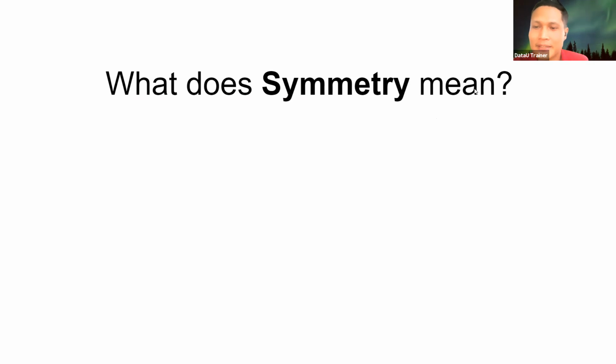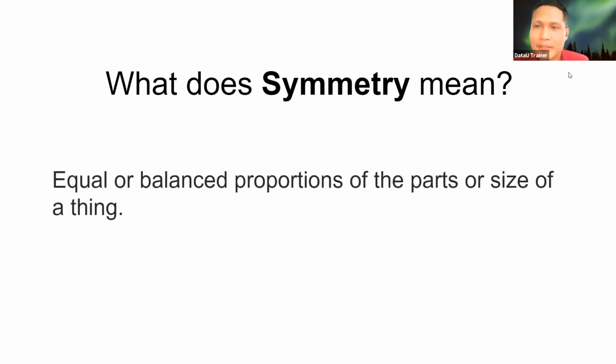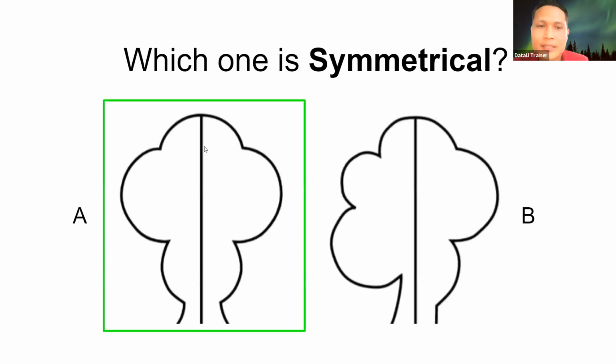All right. So we could say symmetry is being equal or balanced proportion of the parts or size of the thing. So in that previous picture, we said A was symmetrical because it is pretty even, if not fully even, and balanced, okay? On both sides, left and right.